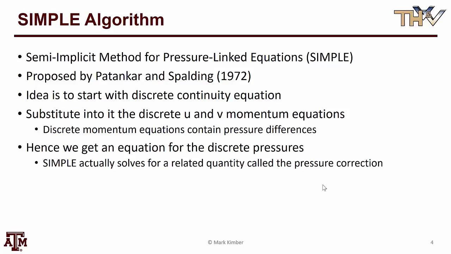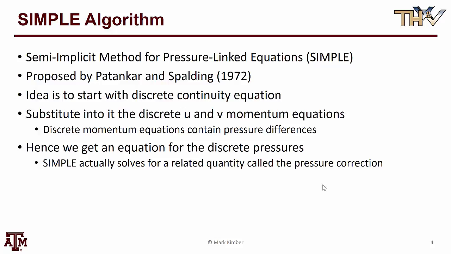So the simple algorithm stands for the semi-implicit method for pressure-linked equations. It's a very elegant, very nice algorithm. It's also a very nice acronym. This was proposed by Patankar and Spalding in 1972. And the idea is to start with our continuity equation.